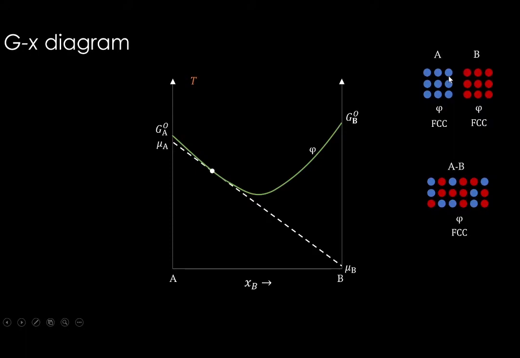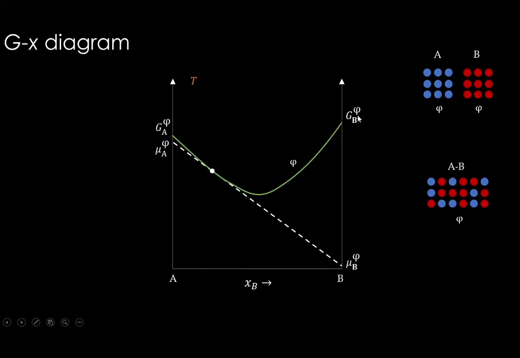We talk about the standard state of A at this particular temperature. So at this temperature, A is FCC. If that is the case, then this GA standard is nothing but GA phi, phi being the FCC structure. So we can replace all these things with the phi on top.